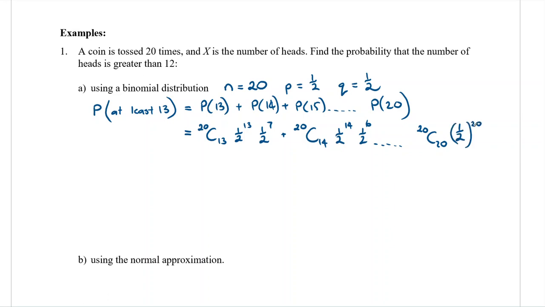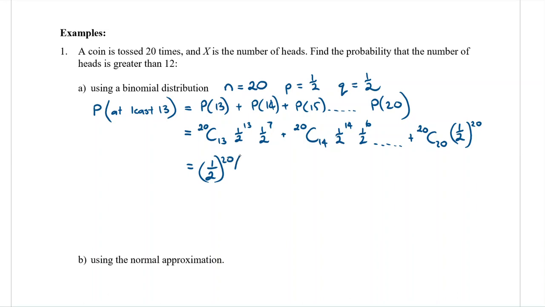To make it a little bit easier to calculate, because there are quite a few of them in there, each one of those probabilities is going to have half to the power of 20, because 13 plus 7 is 20 and 14 plus 6 is 20. It's always half to the power of 20. And it's really just the combination at the front that is going to give us a different number to multiply by.